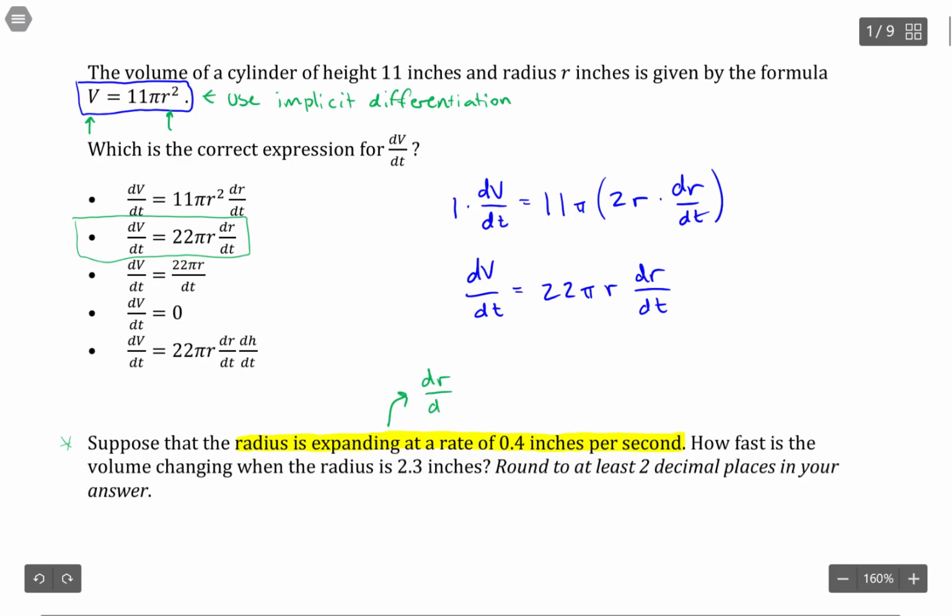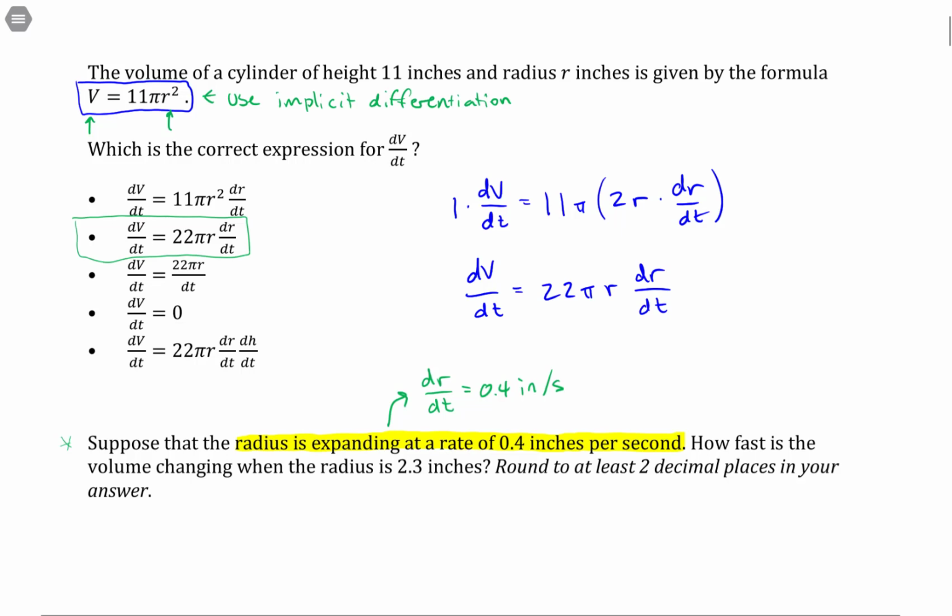So the derivative, dr/dt, the rate at which the radius changes with respect to time, is 0.4 inches per second. And you generally don't have to worry about units in a calculus class, but units can be extremely helpful in making sure you've got your formulas correct, because if the units don't match up on both sides of an equation, that tells you right away that you've got the wrong equation.